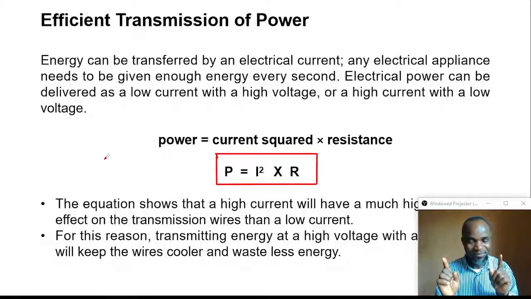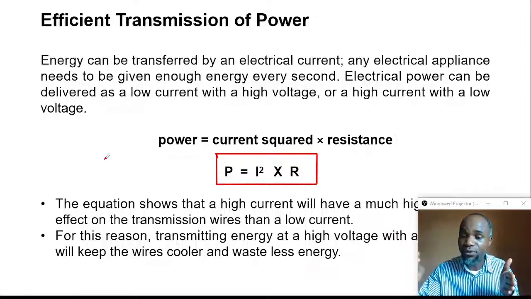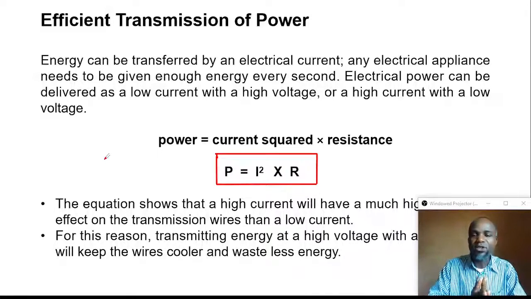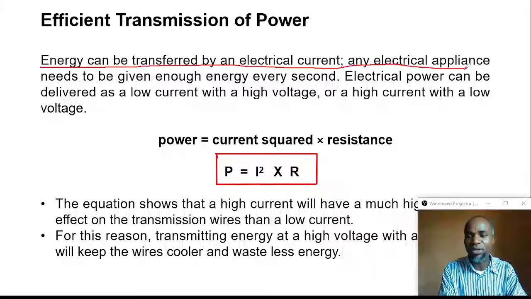An electrical appliance needs to be given enough energy every second. Very important. I'm underlining it now. Enough energy every second.